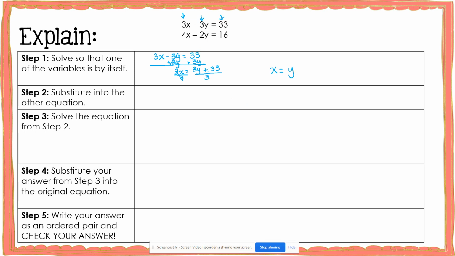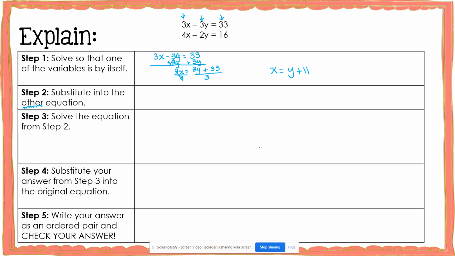Positive 33, because I know it's positive because of this plus sign. So 33 divided by 3 gives me 11. And since it's positive, I would write plus 11. So even though I don't know the value of x now, I do know that it's the same as saying y plus 11.